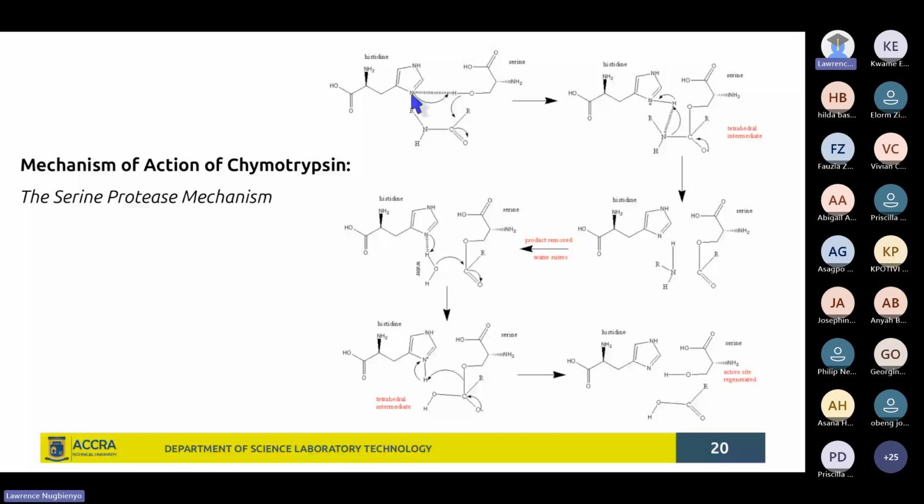And you see serine, and serine is having a hydroxyl group in its side chain, OH. You see that there. Now, this is the active site of an enzyme. So we're just taking a look at the two amino acids which are found in the active site of the enzyme.